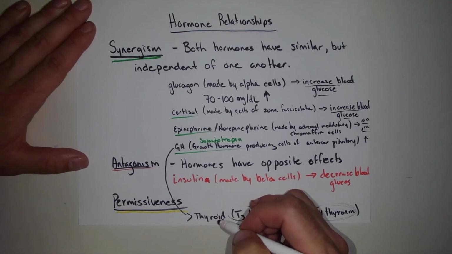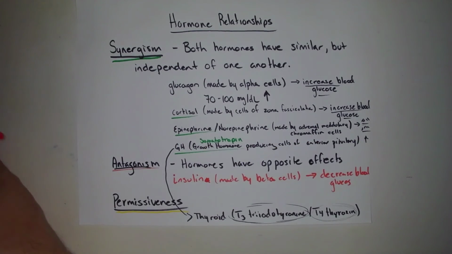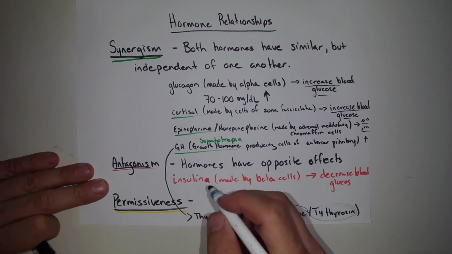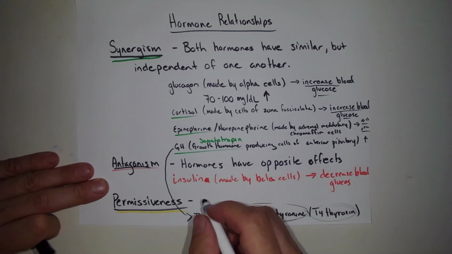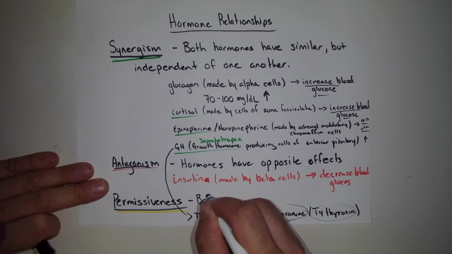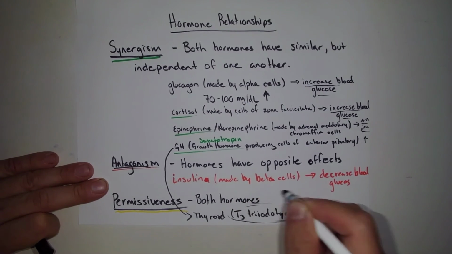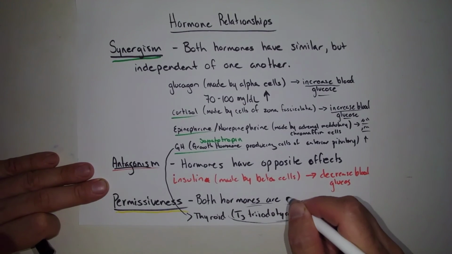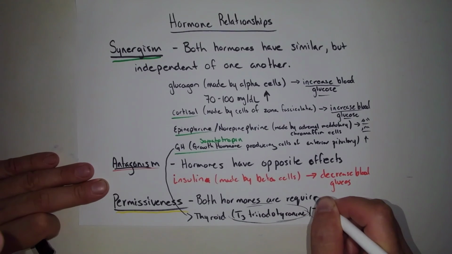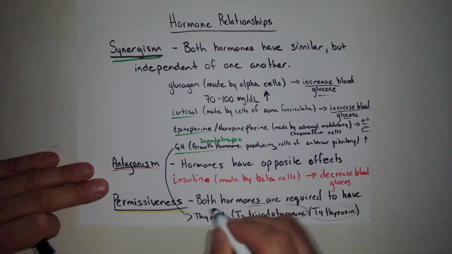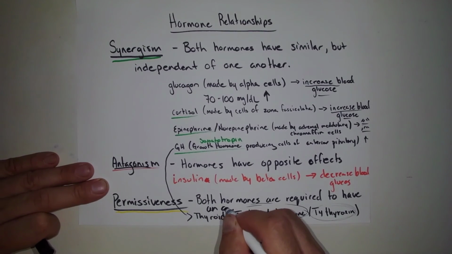In the absence of this, this does not work. So in the absence of one, the other won't work. Both hormones are required to have an effect, or the desired effect.